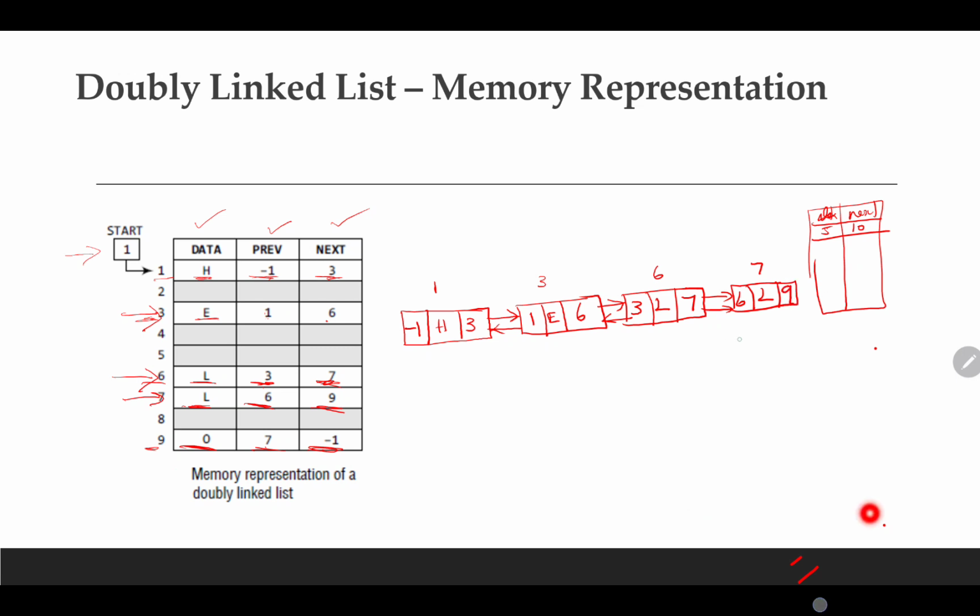It is 9. So the next node is saved in memory location 9. It is O. Then what is the previous one? It is 7. It is the last node, and next there is no node, so it is -1. Okay, so this is the memory representation.